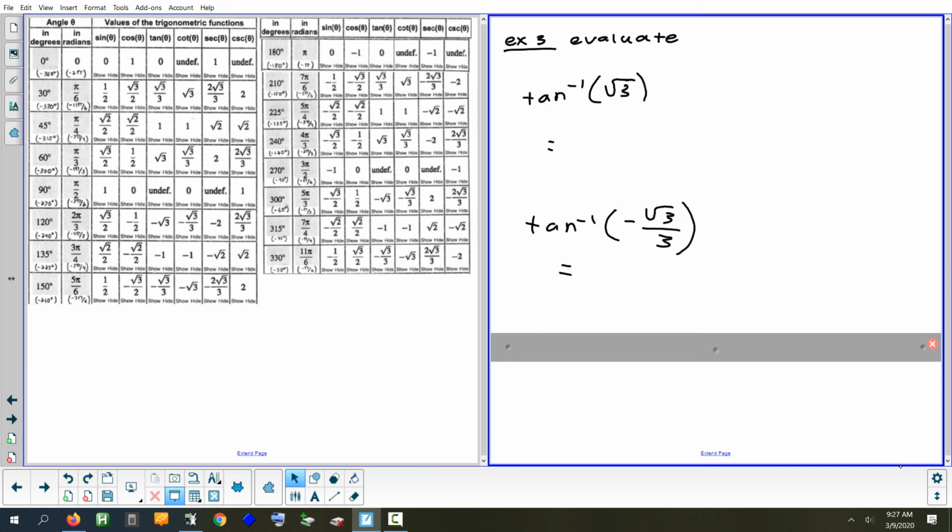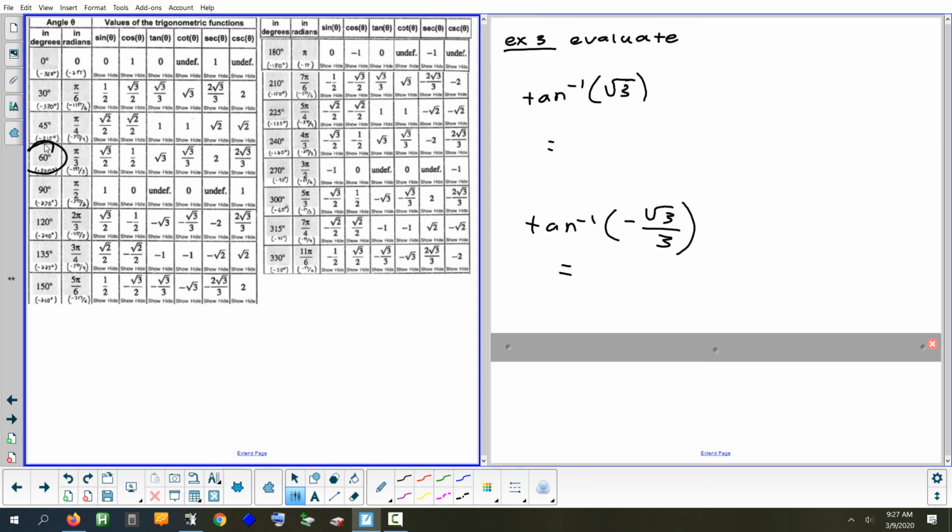All right, so the last 2 we're looking at inverse tangent. And we already said we're going to be between -90 and 90. So how about Edmo? What did you get for inverse tangent of square root of 3? Yep, square root of 3. It's in the row with 60 degrees. Now, why didn't you say -300? Because that's also equivalent to 60 degrees.